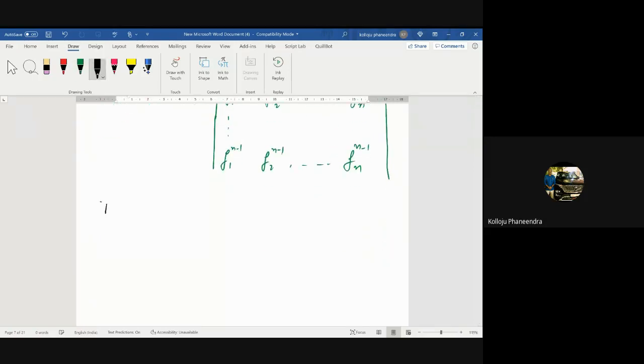Now, if the Wronskian is not equal to 0, that is, if I evaluate this determinant and it is non-zero, then the functions are linearly independent. Remember this.